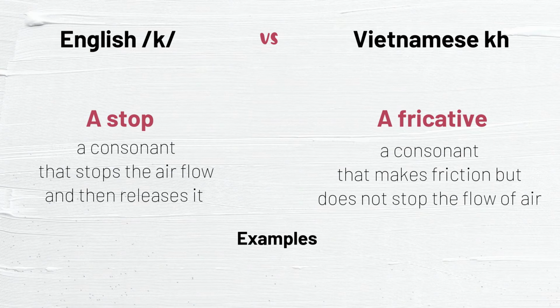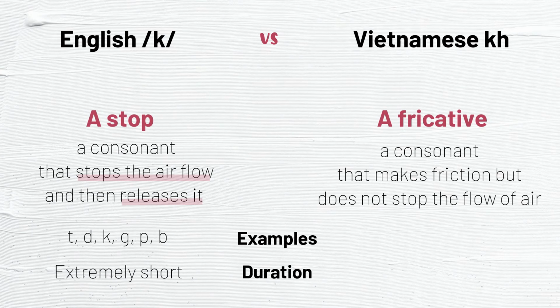Examples of stops are t, d, k, g, p, b. To make these sounds, you have to stop the airflow and then release it. And more importantly, these sounds are extremely short in terms of duration. Normally, they don't last for more than 1 second.